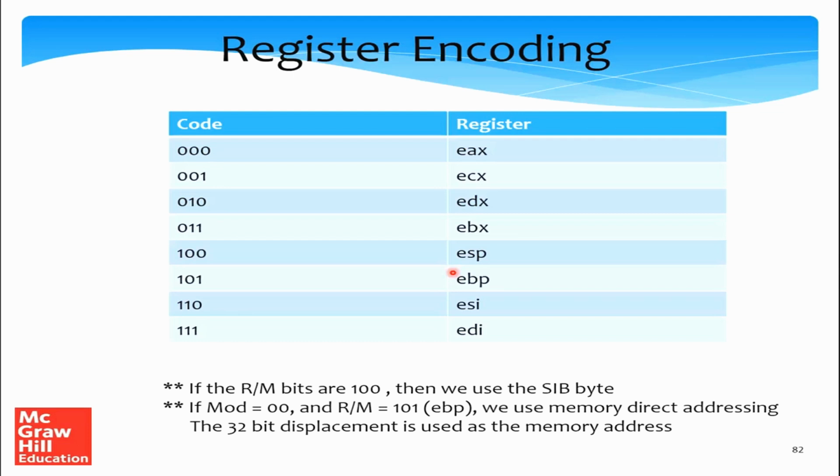Now I want to make 2 points regarding 2 special cases. The first special case, as we have discussed, is that if the R/M bits are 100, which in this case actually point to the stack pointer, then we essentially discard that information. Well, discard it in the sense that we don't use it in the addressing, and we use the SIB byte instead.